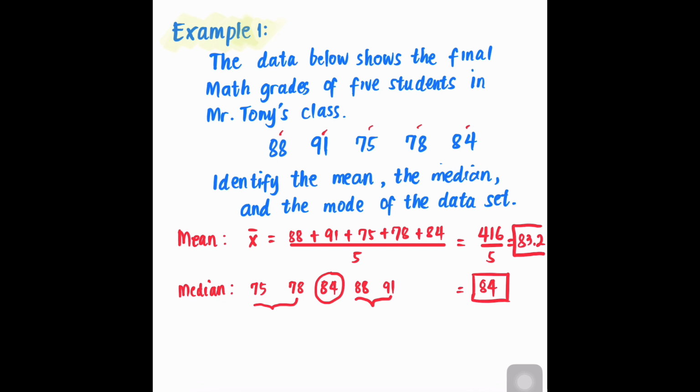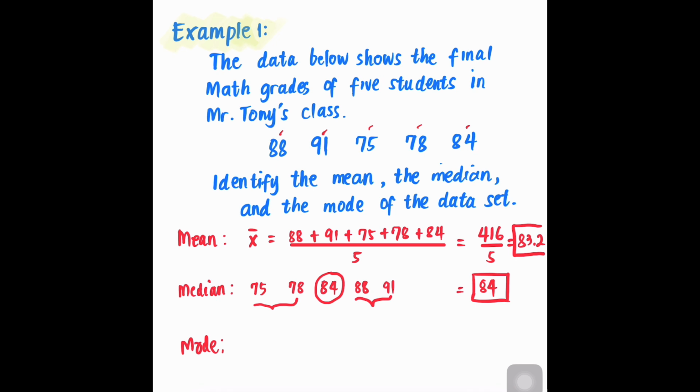And now for the mode. So we learned that the mode is the most repeated value in the given data set. If you take a look at the given grades or scores, we notice that no values are repeated, correct?